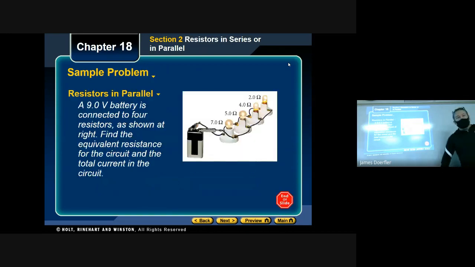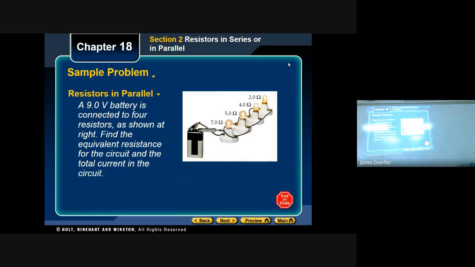Okay. So we're going to have a very similar setup to yesterday, with the exception that all of these resistors are going to be in parallel. Again, we have another 9-volt battery. We've got 4 resistors, 4 light bulbs.